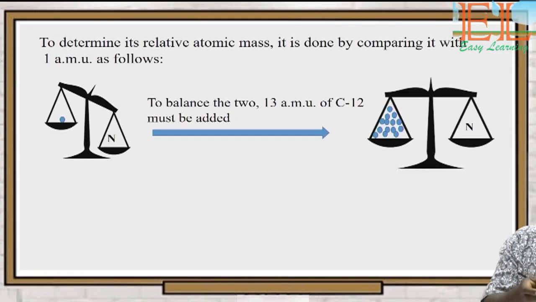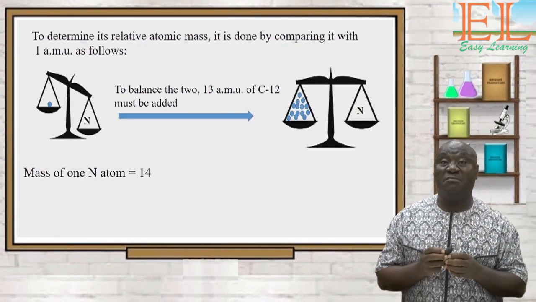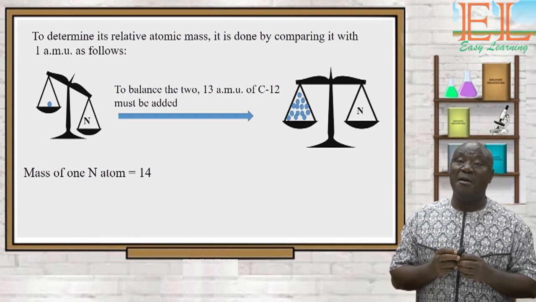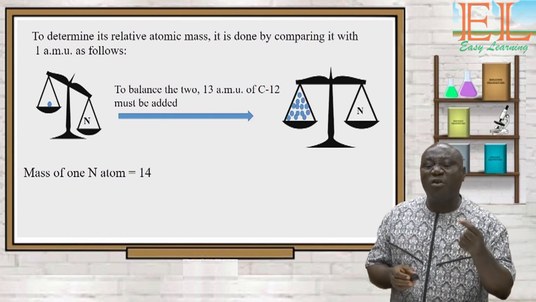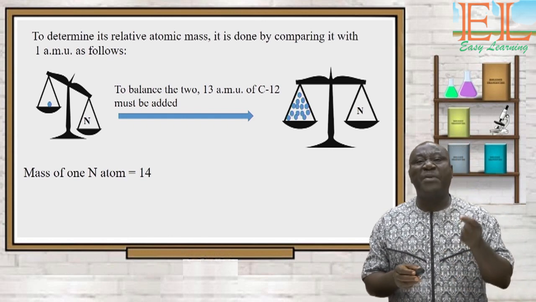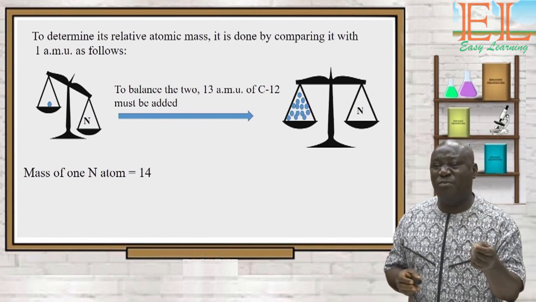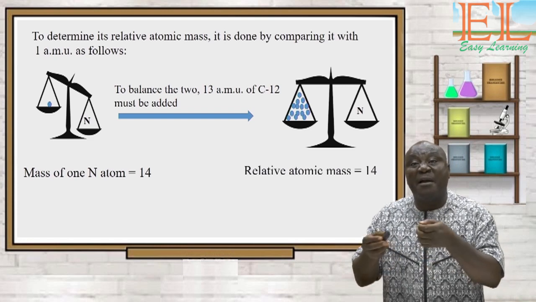When an equilibrium is established, then we say that we have balanced the 2 arms. Now, the mass of 1 nitrogen atom is 14. That is its atomic mass. But when I compare it with 1 atomic mass unit, or 1/12 the mass of 1 atom of carbon-12 isotope, then it is termed as relative atomic mass.